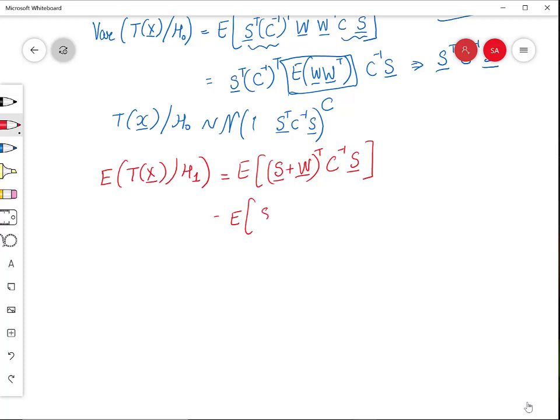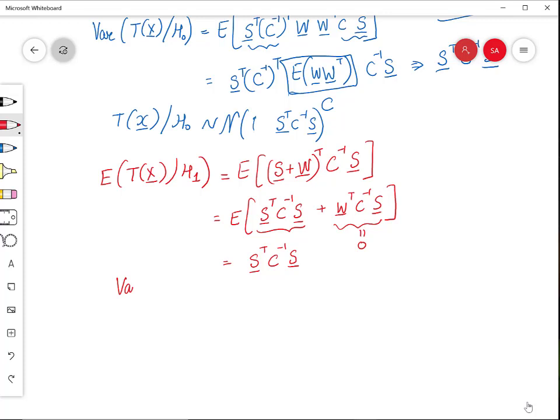This is the expectation of S transpose C inverse S plus W transpose C inverse S. The expectation of the second term is 0, as we saw in the previous case. So what remains is only S transpose C inverse S.